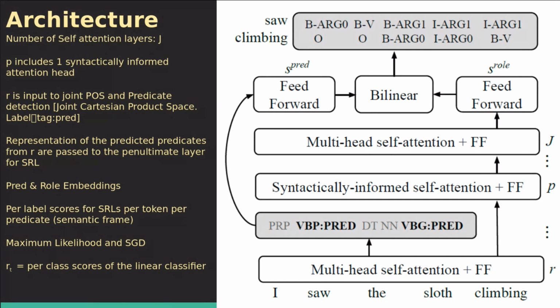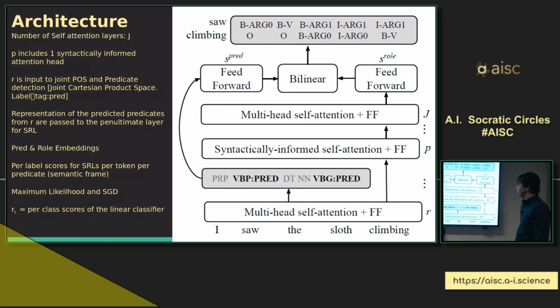So if a word is a predicate, it is governed by its own, just architecturally, so that we have some representation. We'll see why it's important shortly. Okay, let's see if I said everything I wanted to say. Yes, so we have J self-attention layers. So J would be the number of self-attention layers. R, I talked about it.